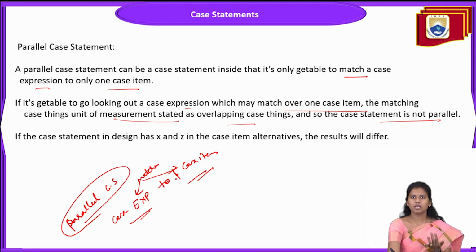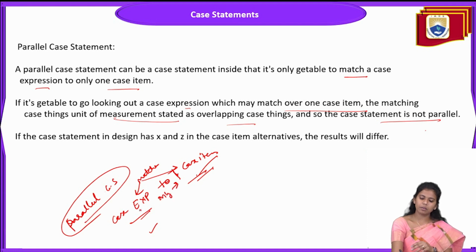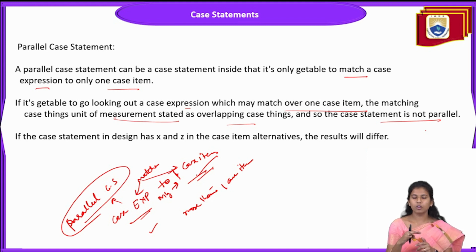Sometimes the matching will be done with respect to the case expression but not with only one single case item. If it is matching with multiple case items, then it is nothing but a non-parallel case statement. Okay, if it is matching only one item, then it is parallel. If it is matching more than one case item, then it is non-parallel.